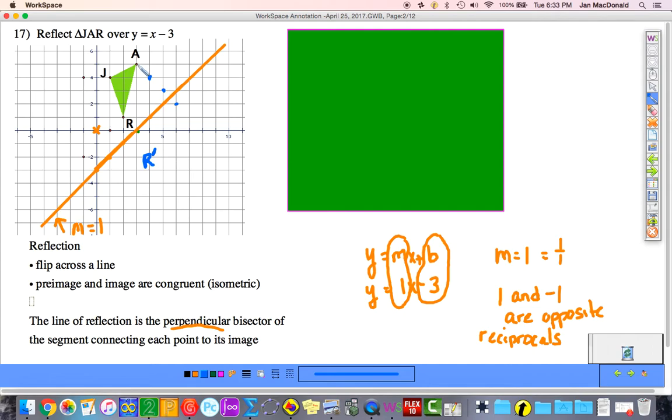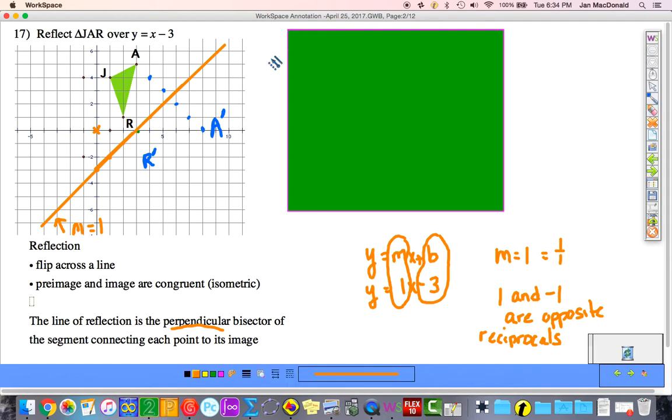So let's take a look at the pattern. We just continue on the opposite side of the line: 1/2, 1, 2. So this has to be A prime. This point right here has to be A prime.